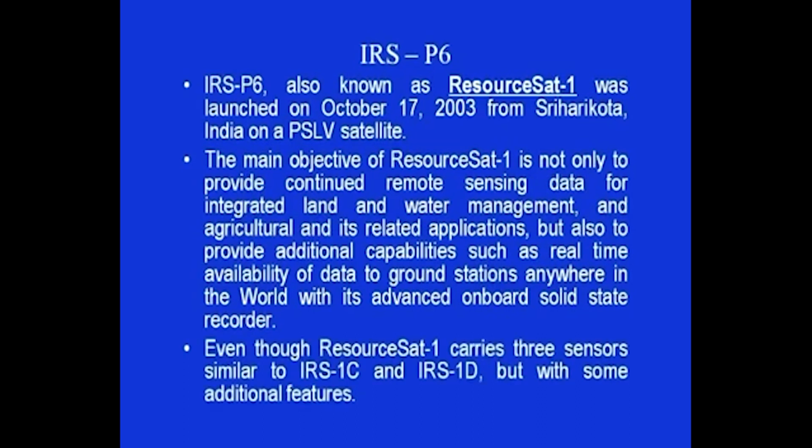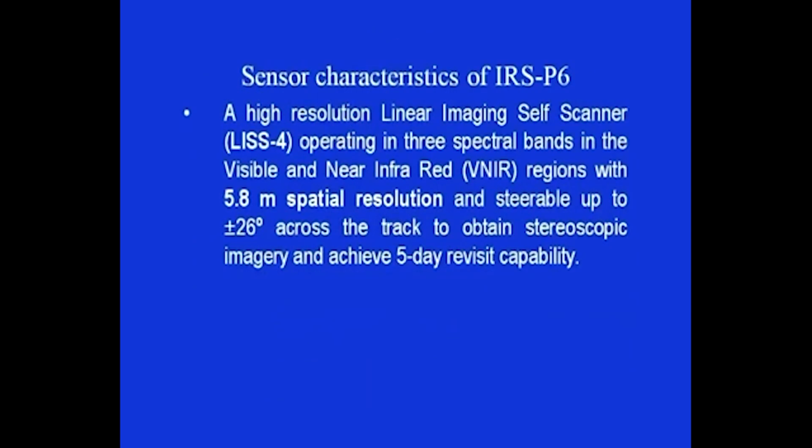ResourceSat-1 carries three sensors similar to IRS-1C and 1D, but with some additional features. A high-resolution linear self-scanner, LISS-4, operating in the three spectral bands in the visible and near infrared region with about 5.8 meter spatial resolution with steerable capabilities of plus minus 26 degrees across the track to obtain stereoscopic imagery and achieve 5-day revisit capability.